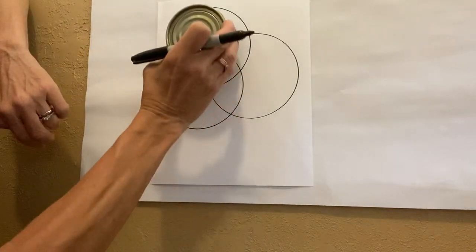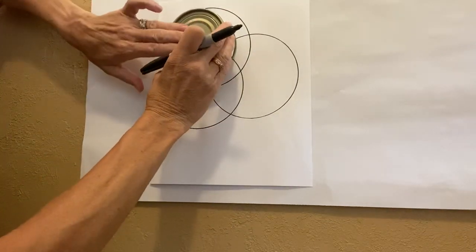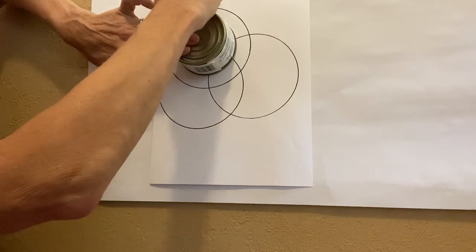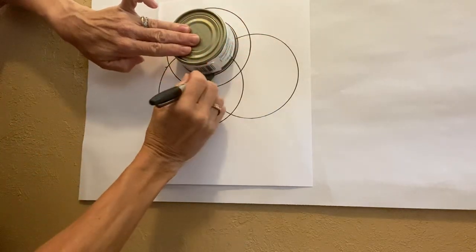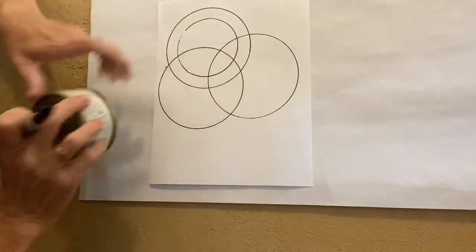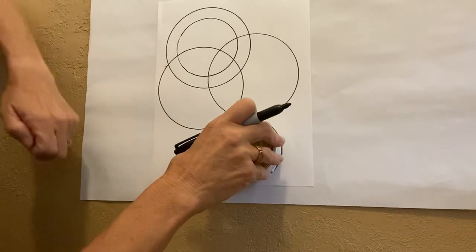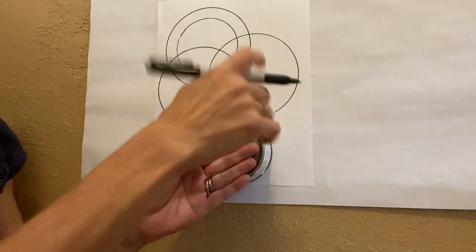So again, look, I can put this one inside this first one. I can just put it right inside. Let me close it. Oh, that was tricky. Or I could leave it all by itself way over here, not touching the other ones if I want to.